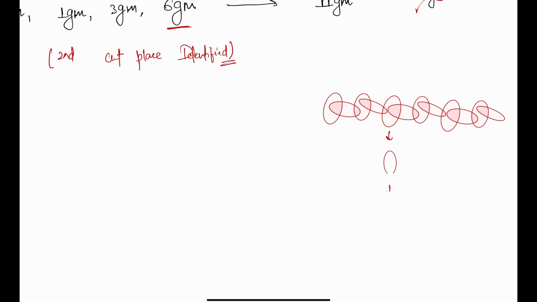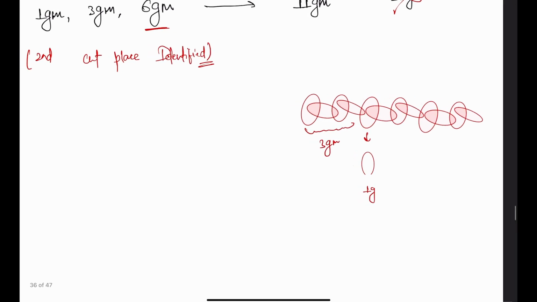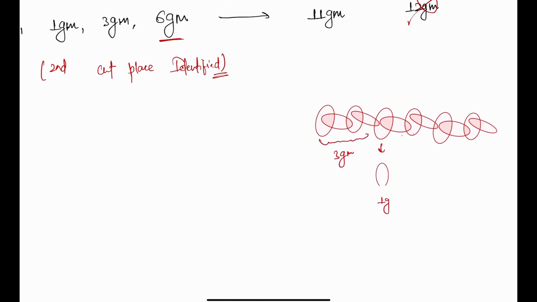And this is 1 gram, this whole becomes 3 gram. Where is the next cut? The next cut is at 1 2 3 4 5 6, and this is our next cut. This much is our 6 gram, this is our 1 gram.